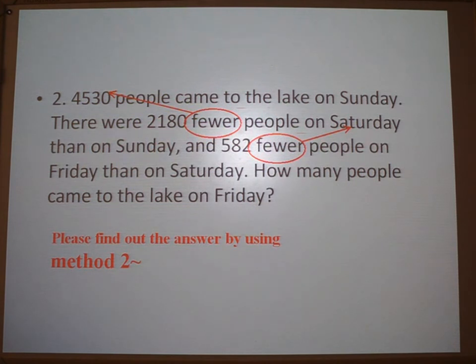So now, please find out the answer by using method 2. Do you still remember what method 2 is? It means that we only have one horizontal form.